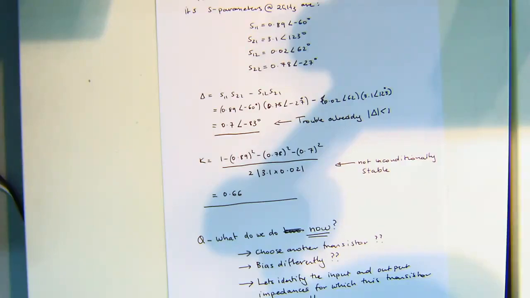It's unconditionally stable. It's all the elements on the Smith chart, right? Because it's unconditionally stable, everything on the Smith chart is stable. All right?